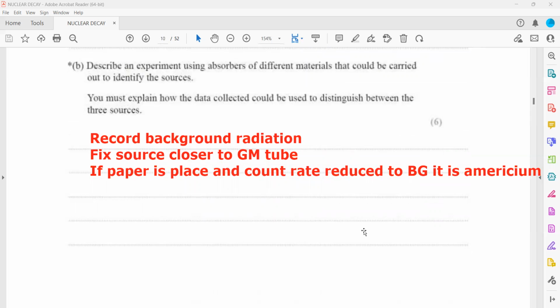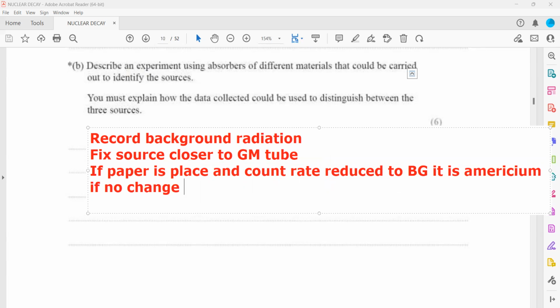If a very small change is there, or if there is no change with paper, it is strontium, because strontium is a beta and gamma emitter.